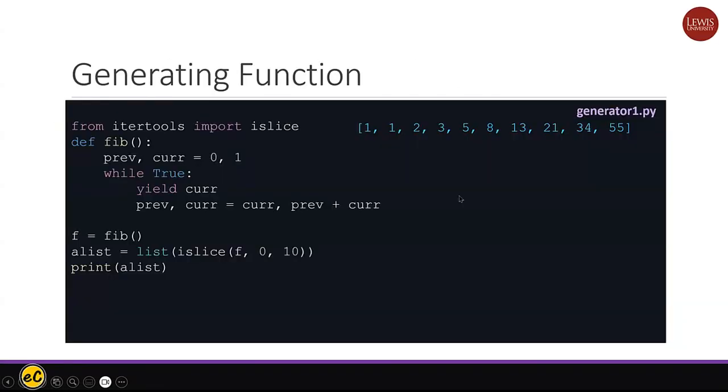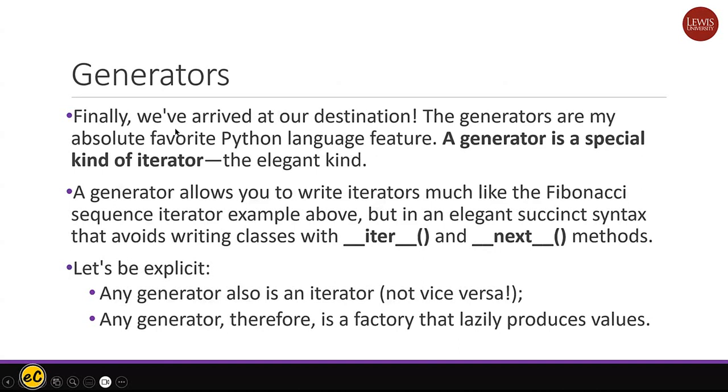Then the next one is the generator. So finally, we arrive at the destination. The generator is obviously a favorite feature. A generator is a special kind of iterator that uses a function to generate the data. A generator allows you to write an iterator like a Fibonacci sequence in an elegant syntax, with the iter function and next method.